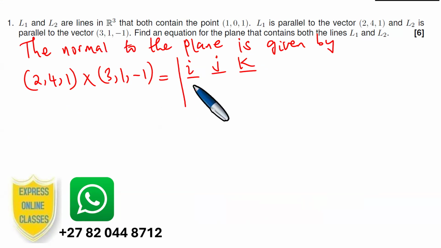The vector (2, 4, 1) is put here, and (3, 1, -1) is put here, like so. Right, and we compute this determinant as follows.